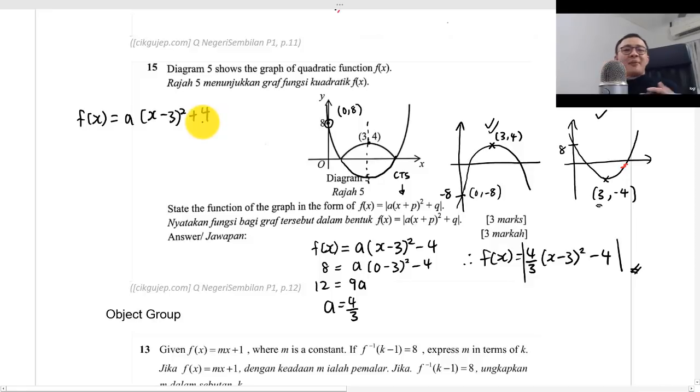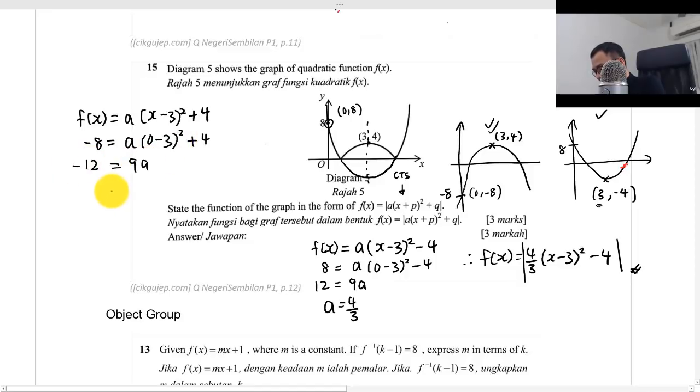I want to find my A value, so I substitute the y-intercept, which is -8 and 0: -8 equals A(0 minus 3) squared plus 4. You can realize this is -12 equals 9A. So my A over here should equal -4 over 3. Then you can sub into the equation, so you get f(x) equals modulus of negative 4 over 3 (x minus 3) squared plus 4.